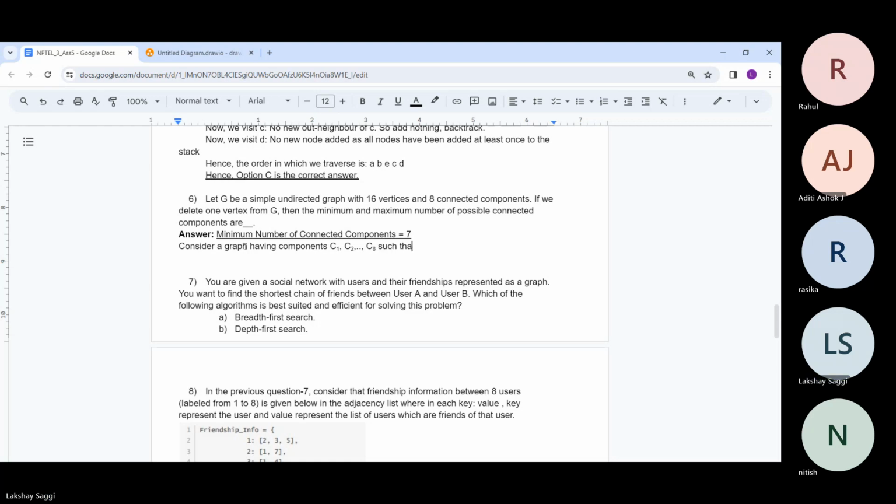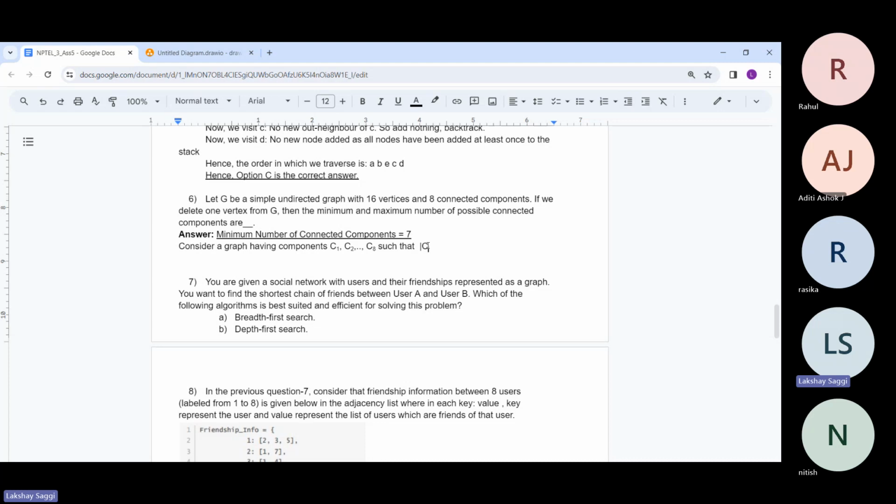Such that, all these 7 components, the C2 to C8 components, all have size 1, just one vertex each.